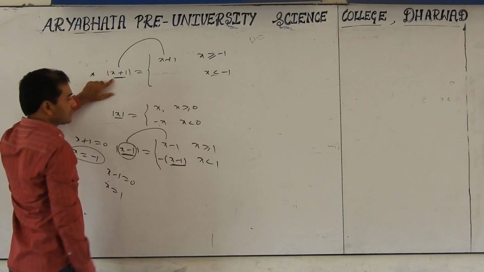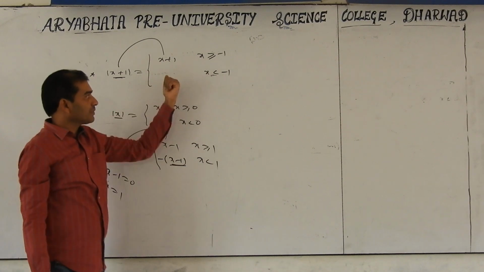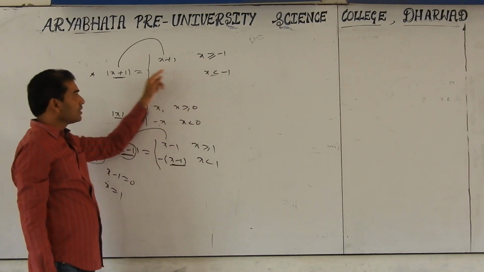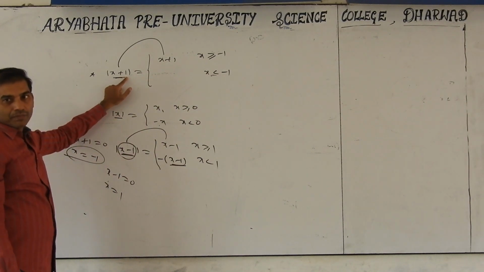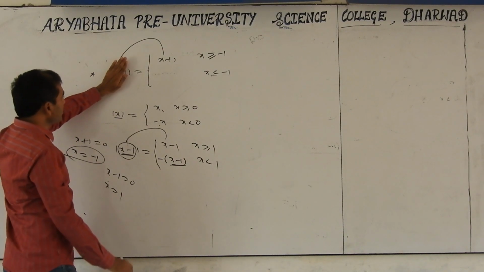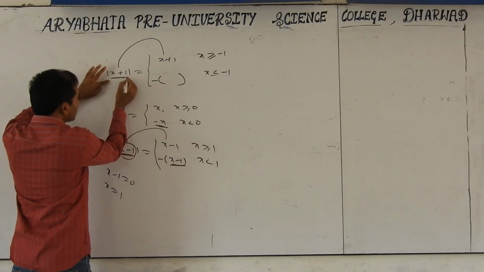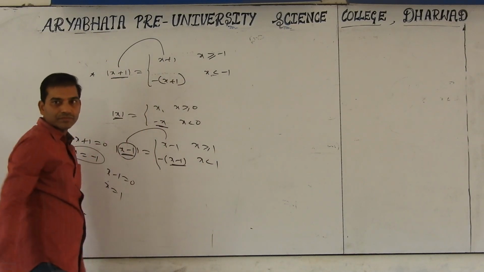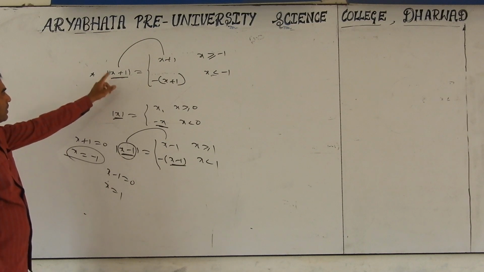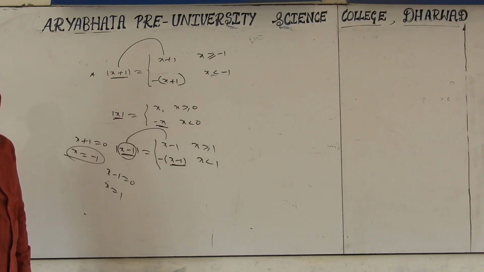Below minus 1, take one value, minus 2. Minus 2 plus 1, minus 1. So negative. If it is negative, the mod x equal to minus x. So minus of x plus 1. So the mod x plus 1 is changing at what point? Minus 1.